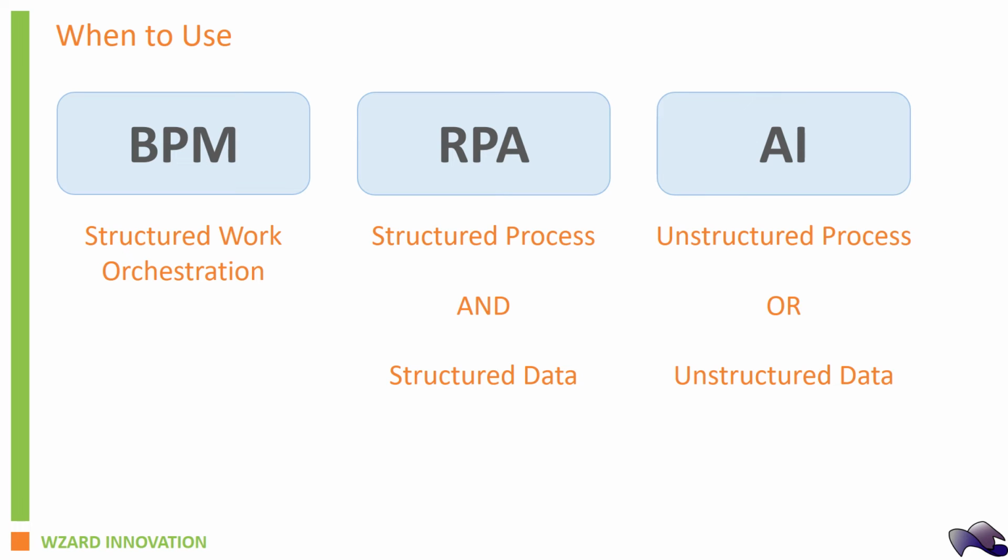What AI can do, of course, is understand those unstructured processes and that unstructured data and provide it with some structure. And that's where the link between RPA and AI can become crucially strong.